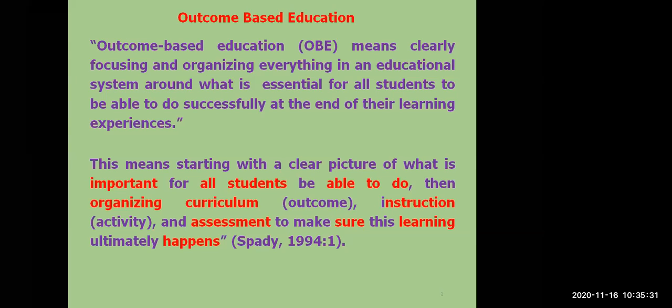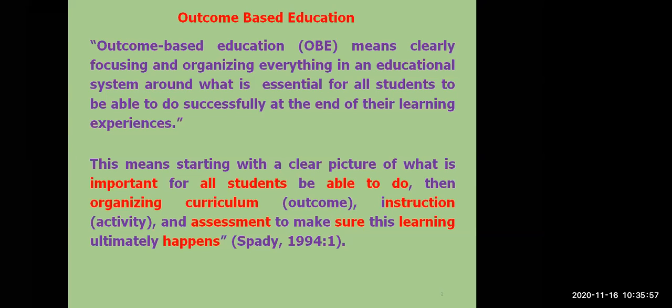So in outcome-based education, there is a clear focus on the learner. You decide what the student will be able to do when he passes out from your college. Those who know outcome-based education call these program outcomes.